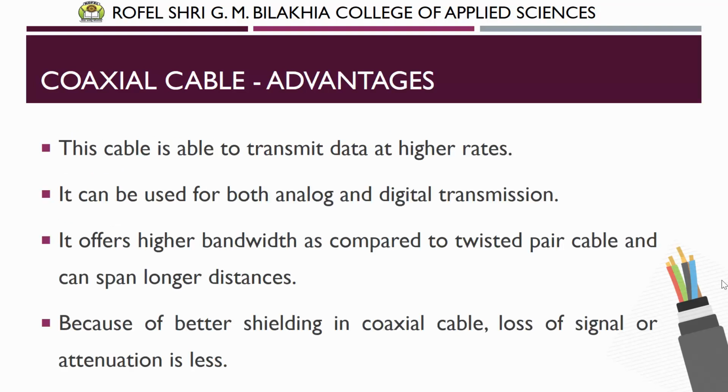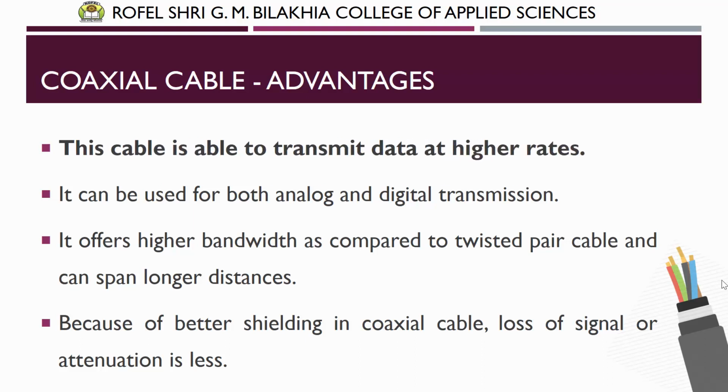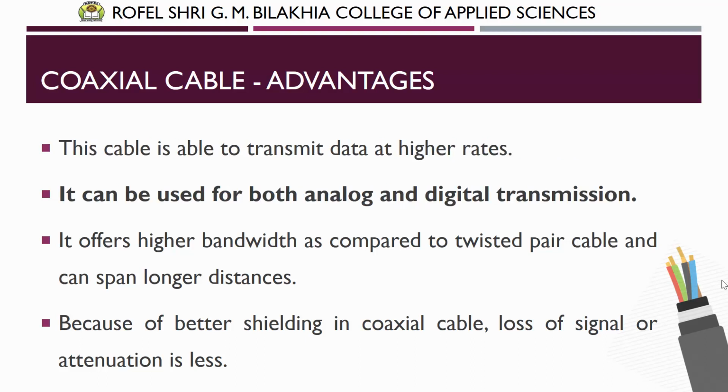Now let me explain the advantages of coaxial cable. First, this cable is able to transmit data at a higher rate because of the shield, right? Second, it can be used for both analog and digital transmission.